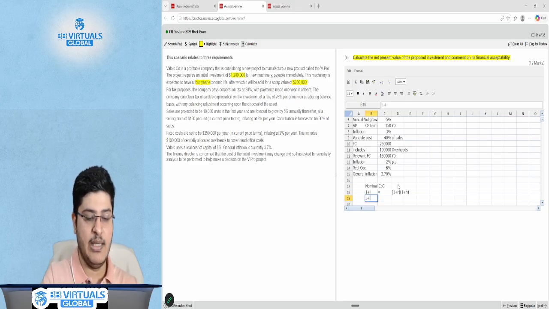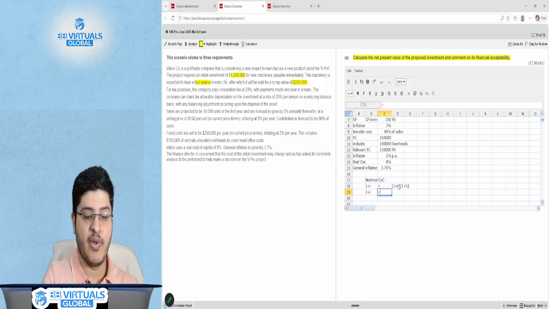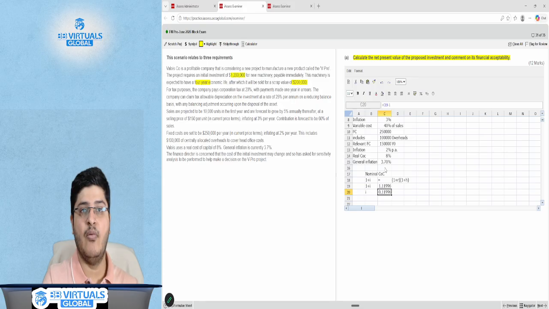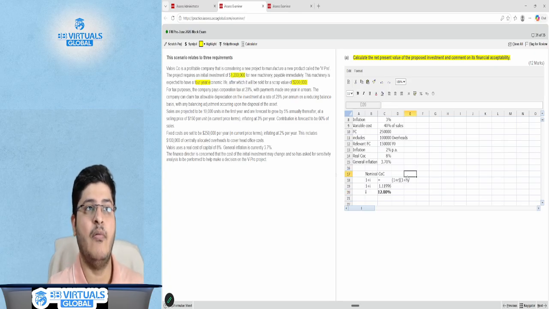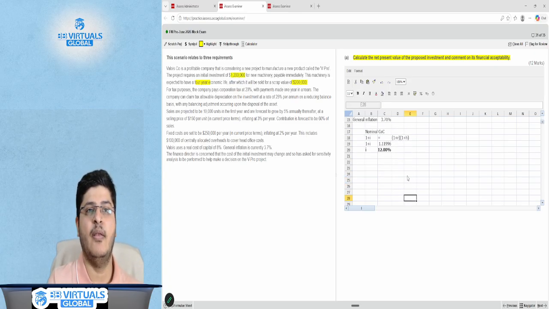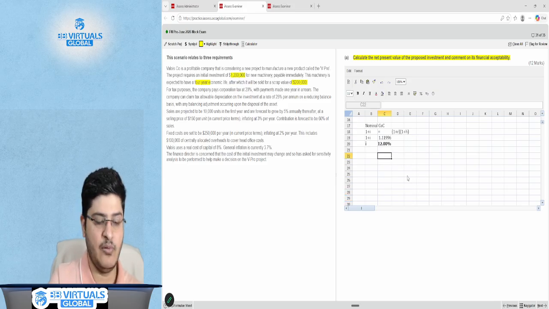So 1 plus i is equal to 1 plus R, which is 8%, multiplied by 1 plus H, which is 3.7%. So 1 plus i is equal to 1.11. Reduce 1 from this to give you i, and consider this in percentage terms. So this is your nominal cost of capital. Clear? Now what next? Let us calculate the cash flows.